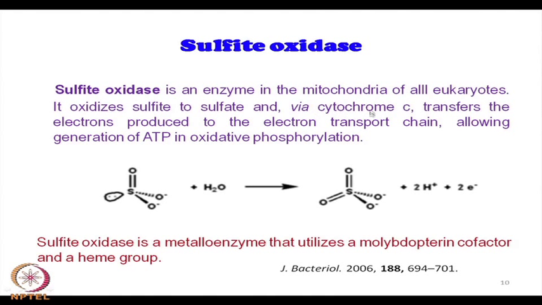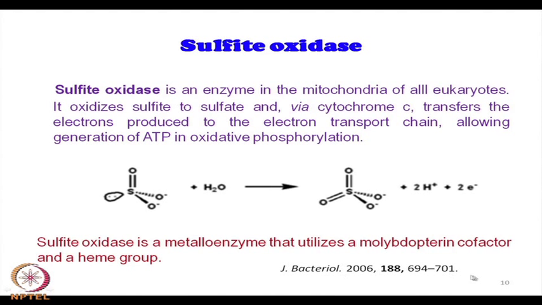That is also a reaction that is dependent on cytochrome C. Since it is cytochrome C dependent, the sulfite oxidase should also be dependent on the heme group. That means this is dependent on two such metalloenzymes: one involving molybdenum and the other involving an iron center. That means the iron heme present in the cytochrome C molecule is also involved in sulfite oxidase.